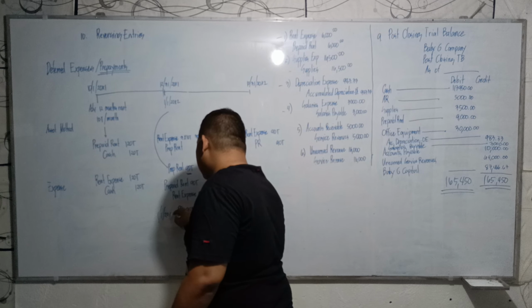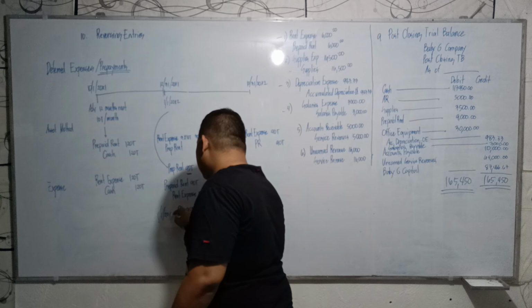And then you have to recognize the rent expense at the end of the year, 90,000, and then credit prepaid rent, 90,000. Can you see the pattern right there? It was broken. Supposedly, it should be rent expense and then the unexpired at the year end will be recognized.